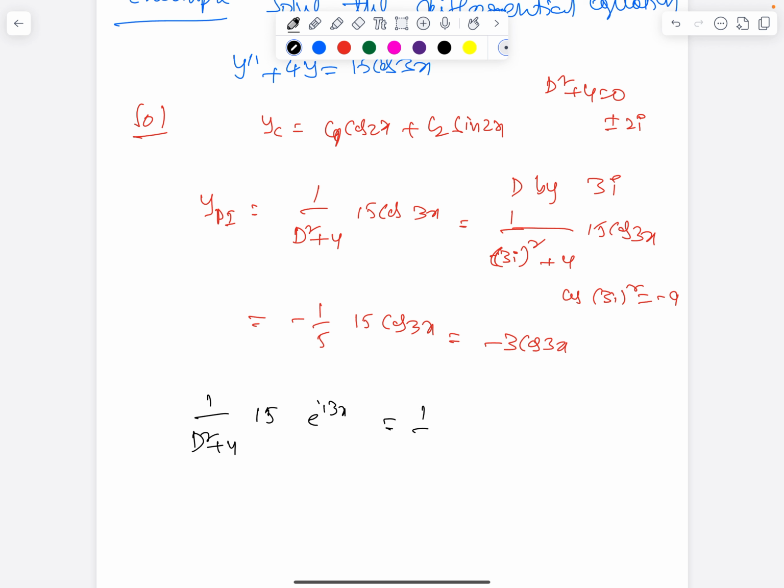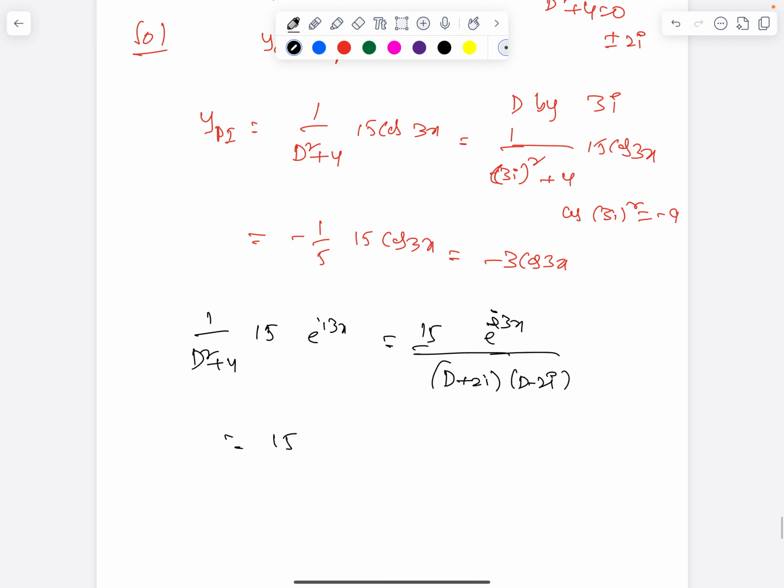Then you can write it as 15 times e power 3ix, and you can write the denominator as d plus 2i into d minus 2i. If you try to expand this one like the previous cases, you will be getting that real part plus imaginary part.